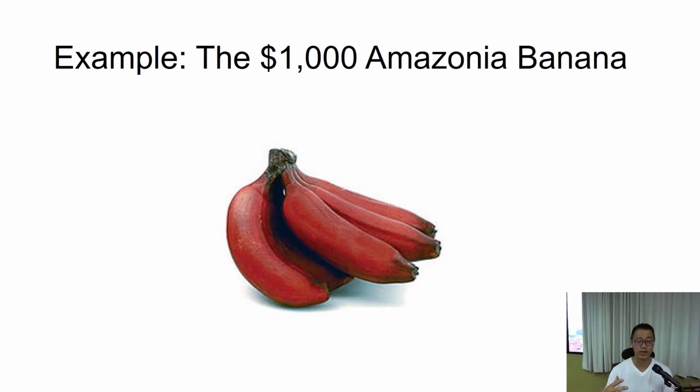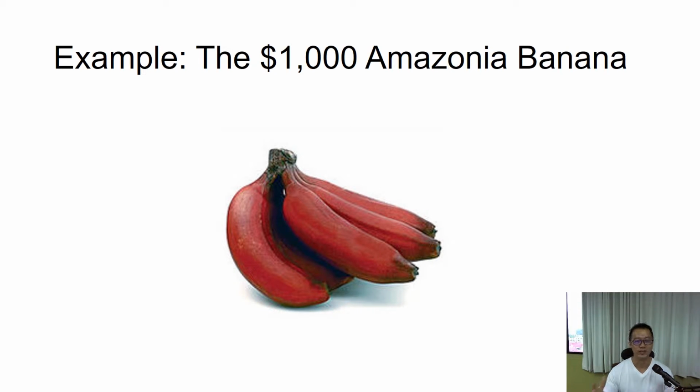So let's do a little exercise to help illustrate this properly. It's just a silly exercise, but I hope it helps get the point across. Let's imagine there's this $1,000 Amazonia banana, which you can see here on the screen. Why is it $1,000? Because it's got tremendous health benefits.